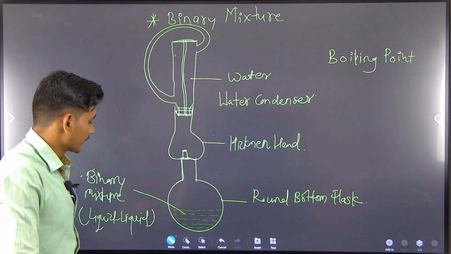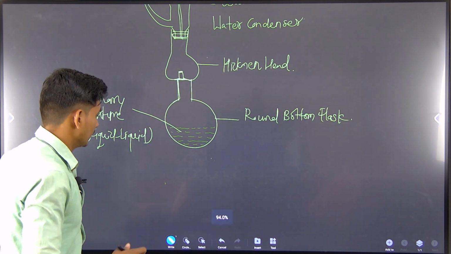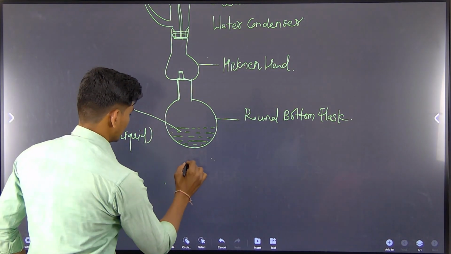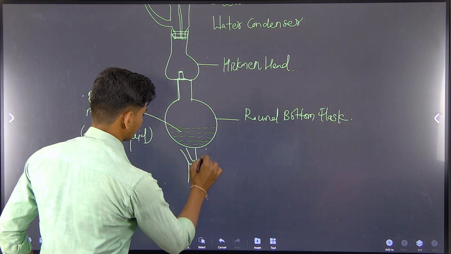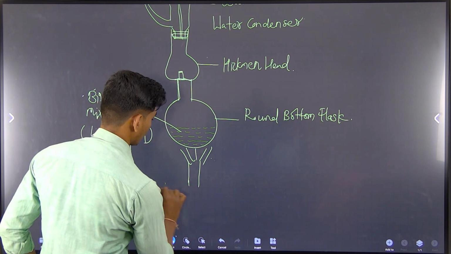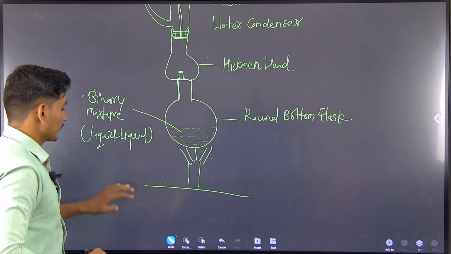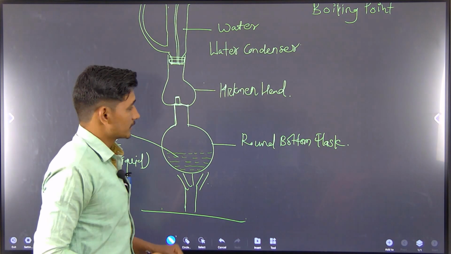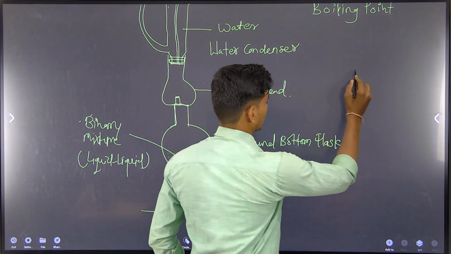First of all, we take the RB and heat it. After heating, we will see the difference between the boiling points.